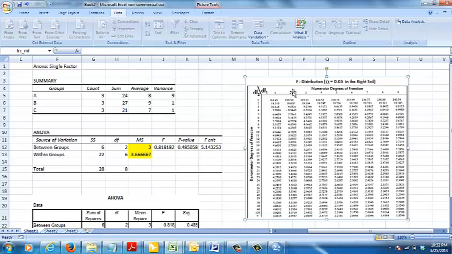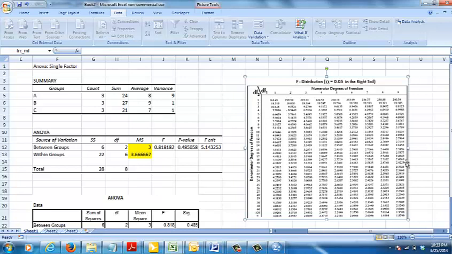I do believe they do. Look at page 454 in your textbook, and they give you numbers at the .05 and the .01 level. But this is just a .05 table that I found online somewhere.